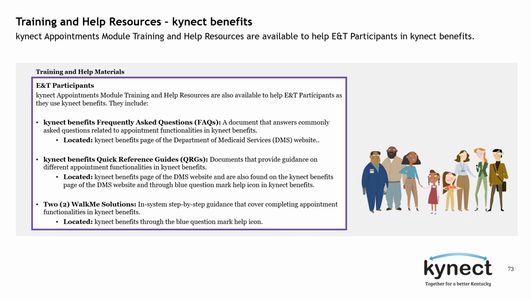These QRGs are located on the Kynect Benefits page of the DMS website and through the blue question mark help icon in Kynect benefits. And finally, 2 WalkMe solutions are in-system, step-by-step guidance that cover completing appointment functionalities in Kynect benefits and are located in Kynect benefits through the blue question mark help icon.